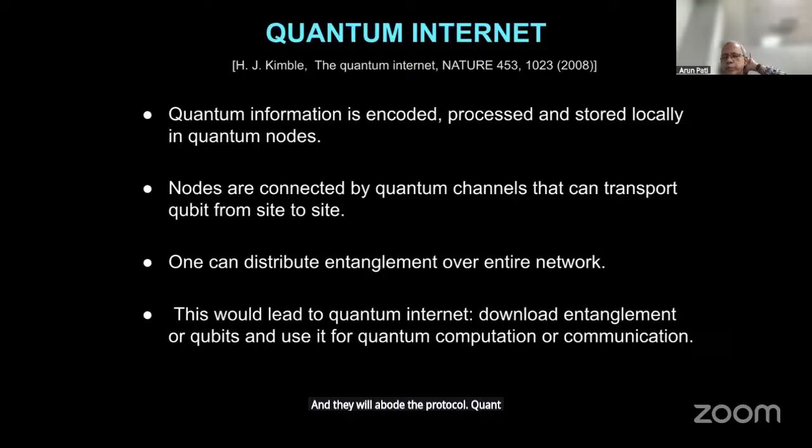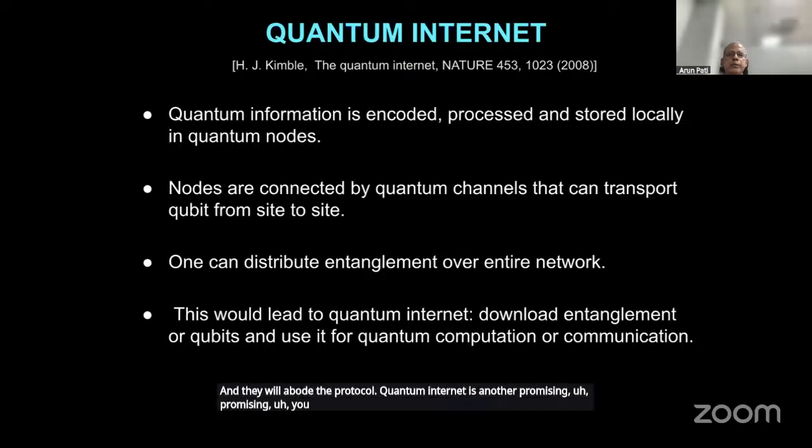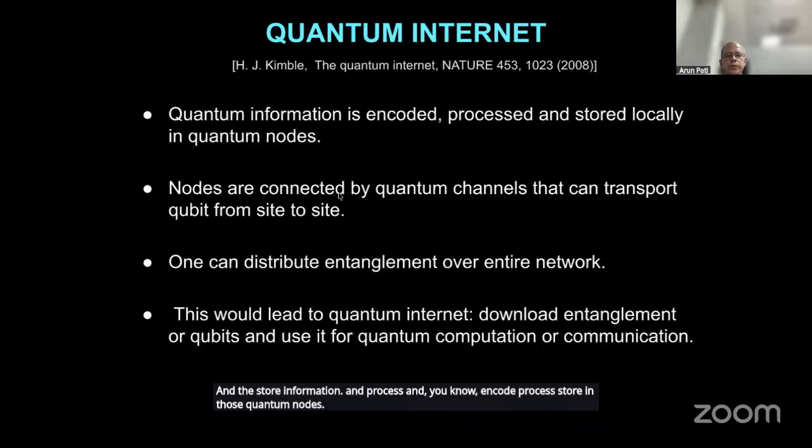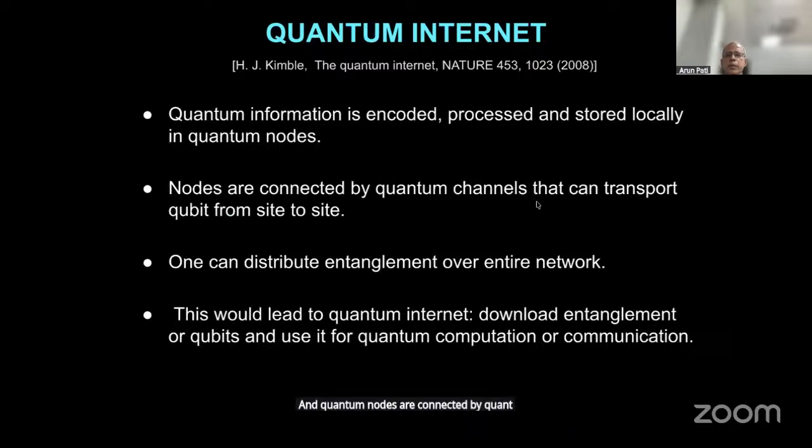Quantum internet is another promising direction, proposed by Jeff Kimble in 2008. What you do is create different nodes, and you encode, process, and store information in those quantum nodes, which are connected by quantum channels that can transport qubits from site to site.